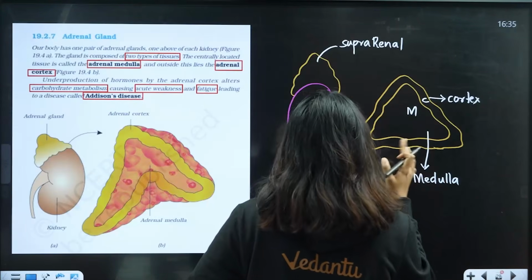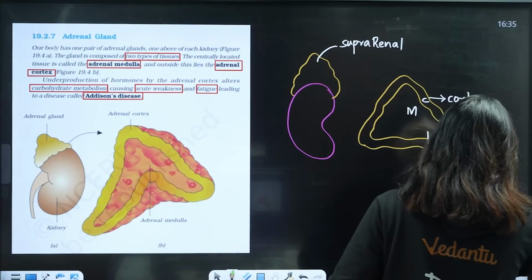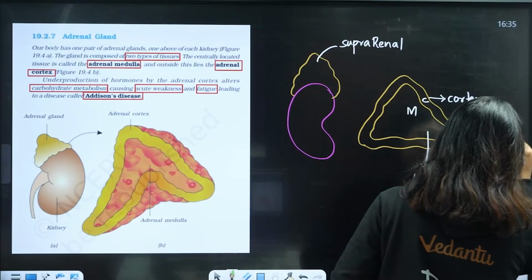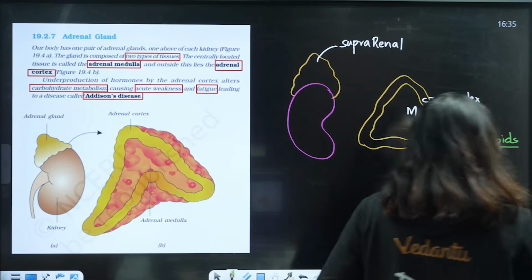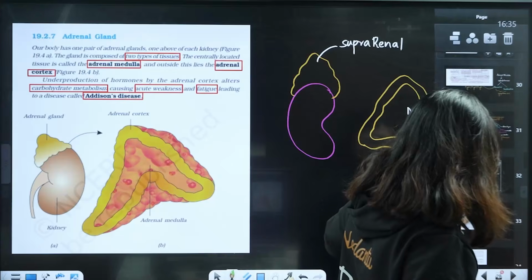Whatever the cortex releases, we are going to call corticoids. That's why you have glucocorticoids, mineralocorticoids and sex corticoids. This you must remember.